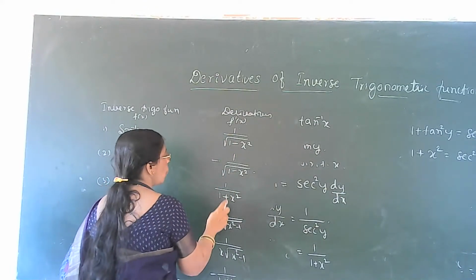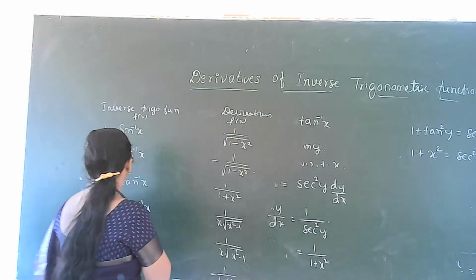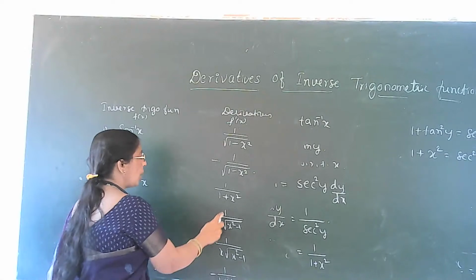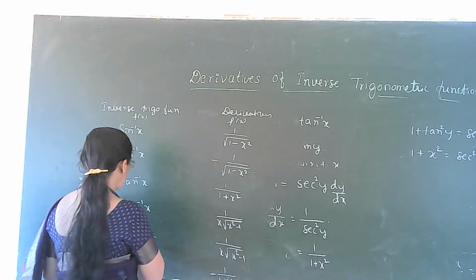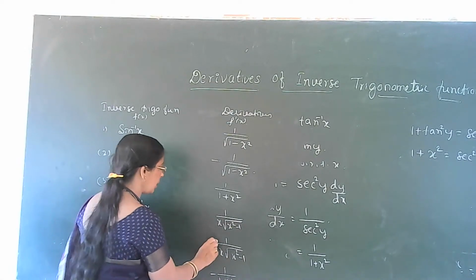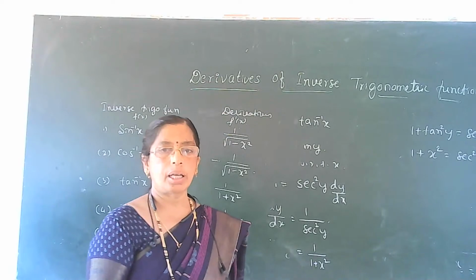Then tan inverse x is 1 by 1 plus x square, cot inverse x is minus 1 by 1 plus x square. Sec inverse x is 1 by x into square root of x square minus 1. Then cosec inverse x is minus 1 by x into square root of x square minus 1.